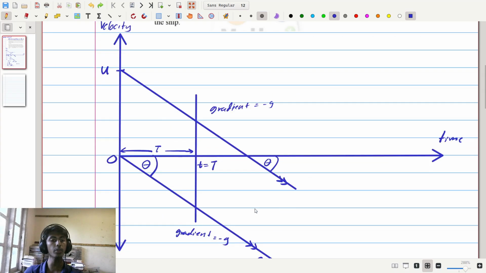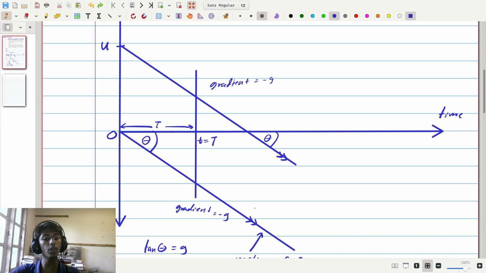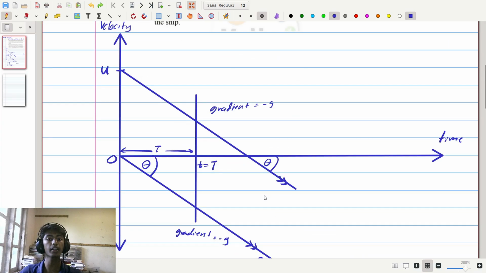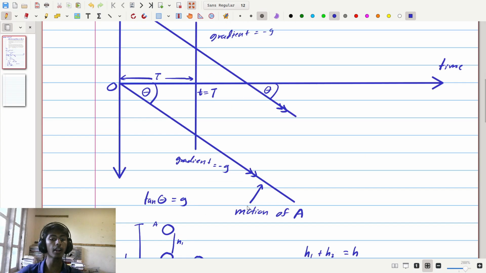Now considering that, if we take a look at the motion of particle A in this graph, which is representing the motion of particle B, A's graph has this area right here, and the area that we have is negative. You can see the area is under the 0 axis, or the x-axis, or the time axis, and therefore this area is negative.